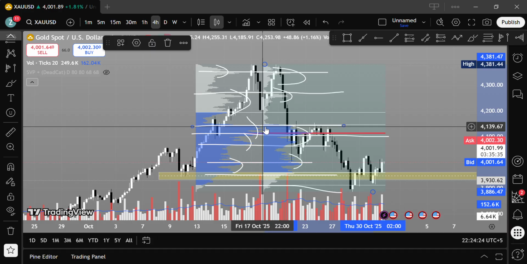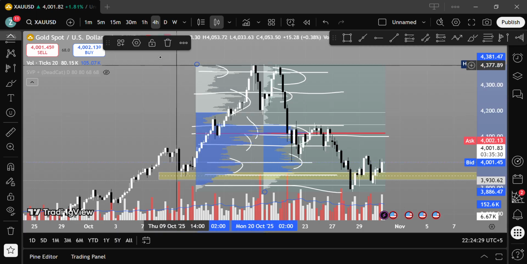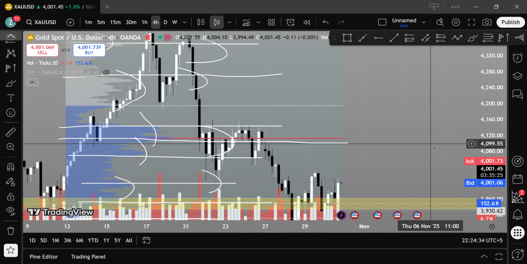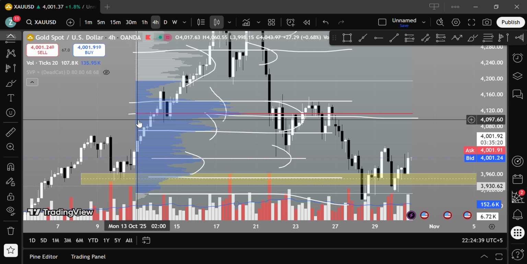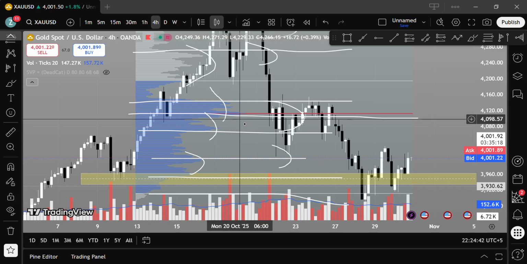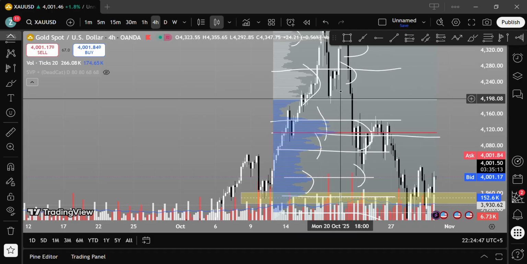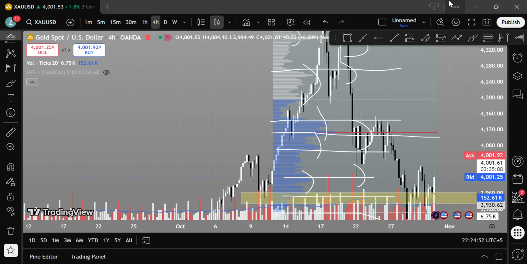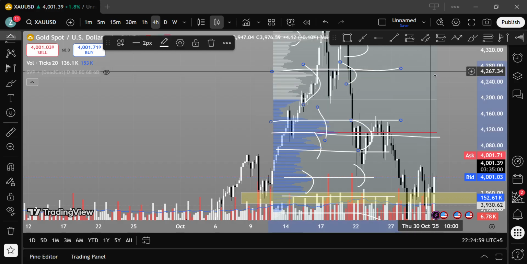If I remove this one, right now we can only see the data from the 13th of October to the 20th of October, right? So in this particular week, we see many of the areas where we were simply seeing these movements, as you can see.